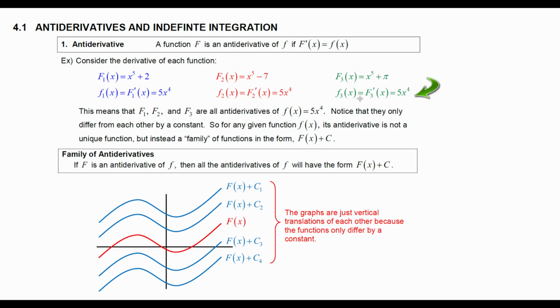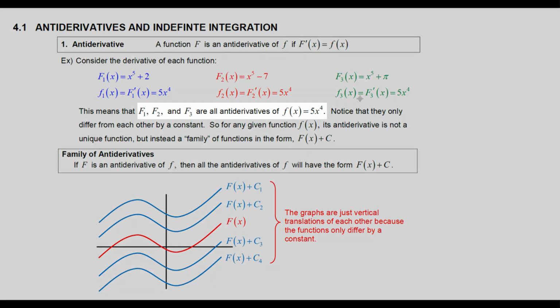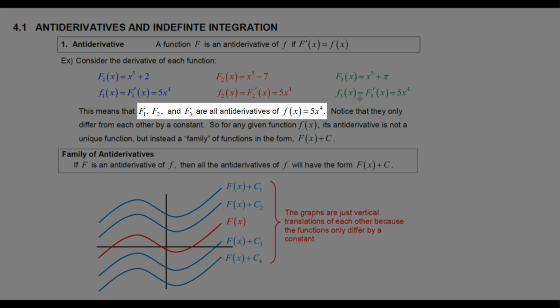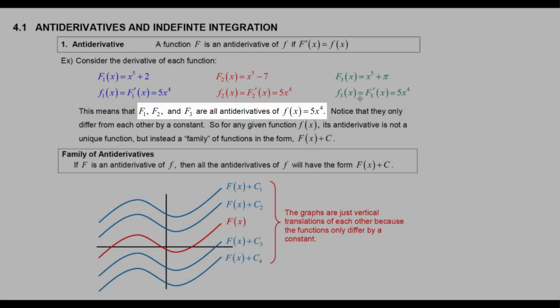The third function as well gives 5x to the fourth. So what is the antiderivative of 5x to the fourth? These three, F1, F2, F3, are all antiderivatives of small f of x, which is 5x to the fourth.